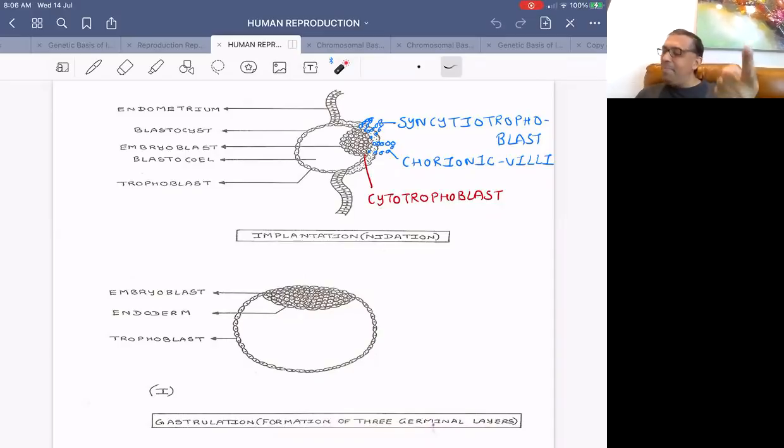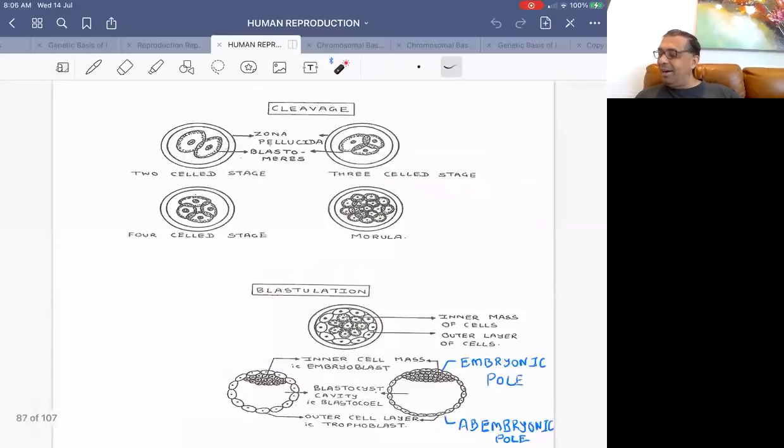But sir, in the last lecture we learned that the entire baby develops from the embryoblast. Embryoblast of the blastula forms the entire baby. So the baby is made from the embryoblast, and the baby is made from ectoderm, mesoderm, endoderm. So what is the connection between the two?